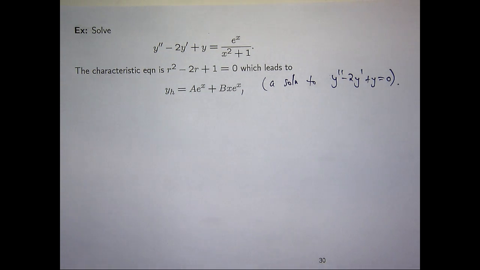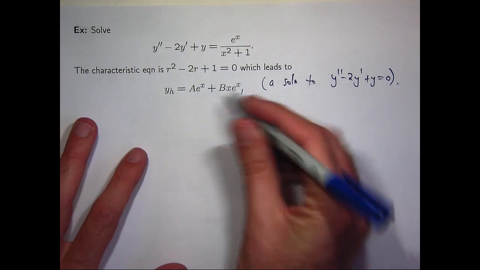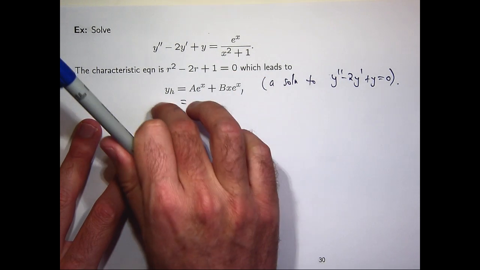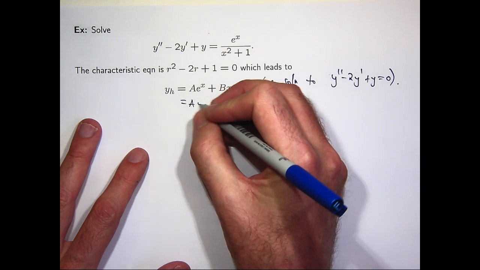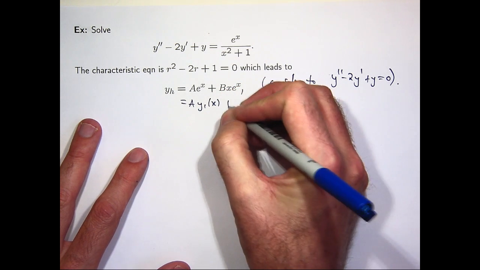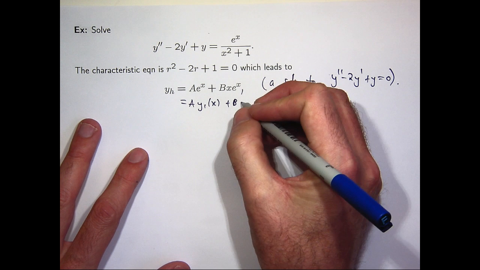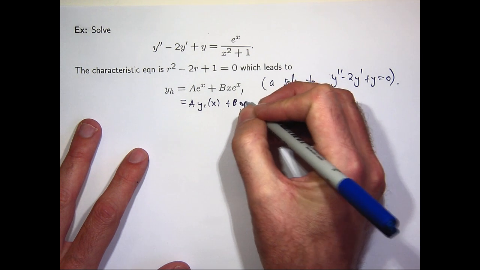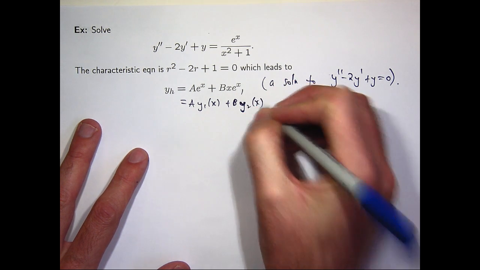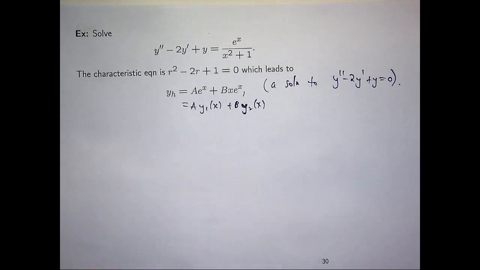So how do we put the y sub p together? Well, we use the solution to the homogeneous problem. Think of this as the following. In this case, the function y1 is e to the x, and the function y2 is x times e to the x.